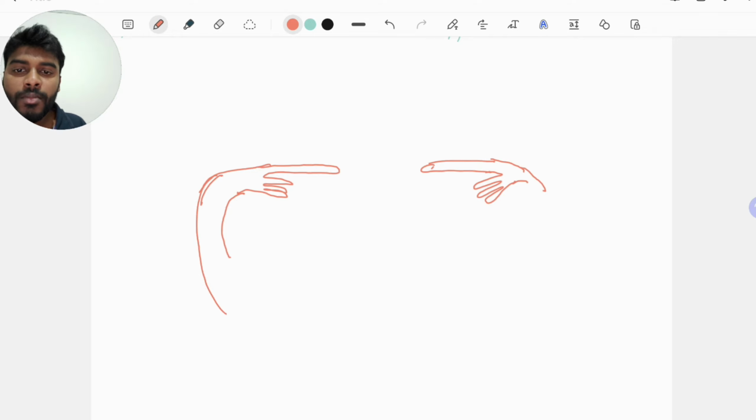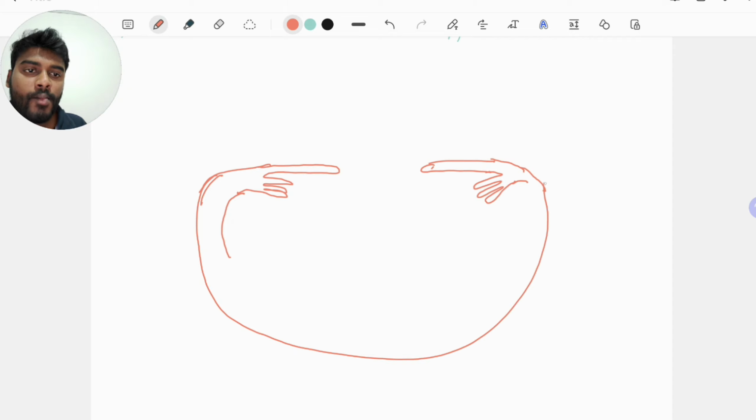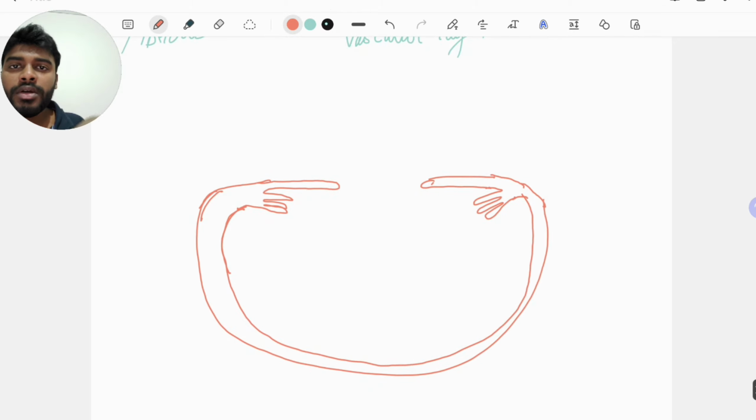This is the vascular layer of the eyeball.